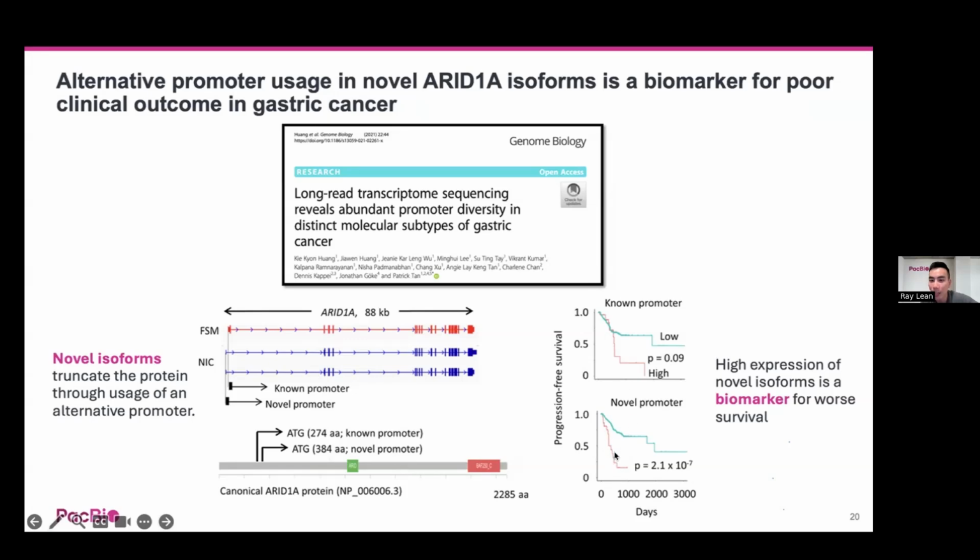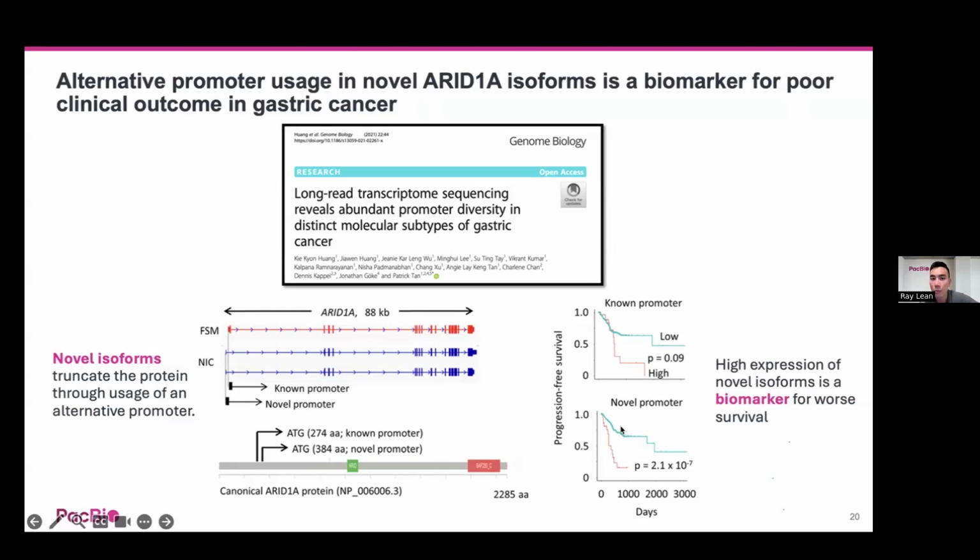The number of days is shorter. If the patient has the isoform with a known promoter, they can survive longer. But if they have an isoform with this novel promoter, it's a biomarker for worse survival. So the patient will die earlier because they have this isoform with the novel promoter.